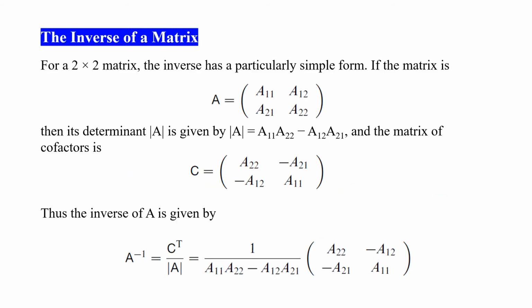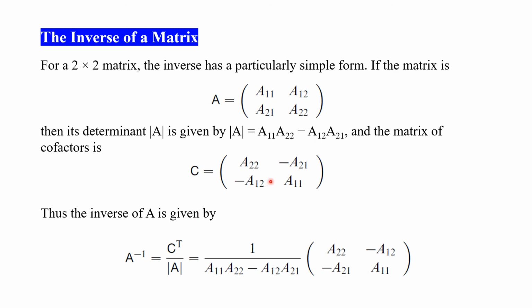For a 2 by 2 matrix, the inverse has a particularly simple form. If the matrix A is equal to this matrix here, which has the elements A11, A12, A21, and A22, then its determinant is given by your A11 times A22 minus A12 times A21. And the matrix of the cofactors C is equal to A22, negative A21, negative A12, and A11.